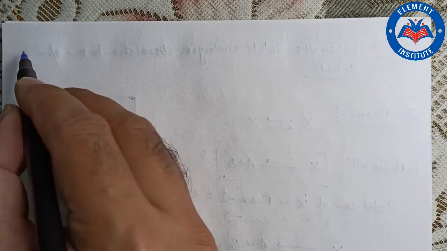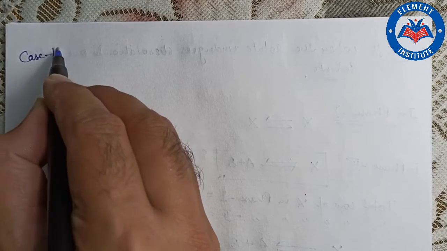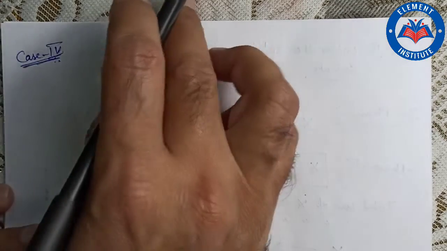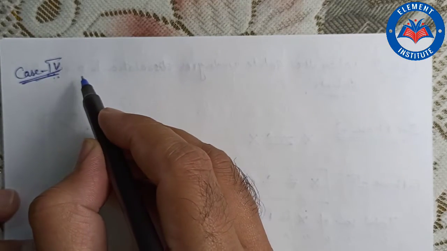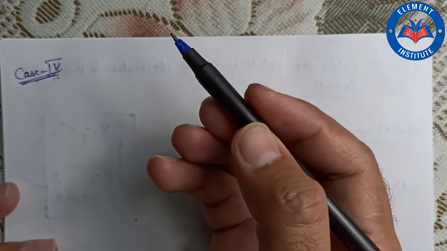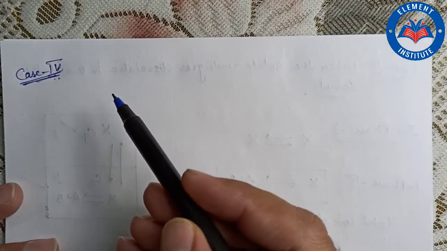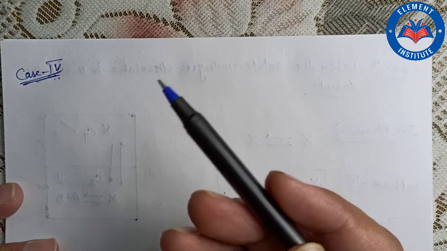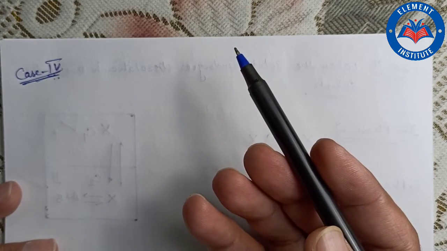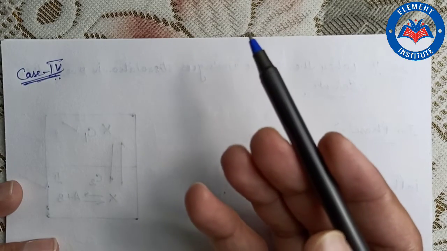Next we have case 4, which is a very interesting one. It is when the solute enters into chemical combination with one of the solvents, that means if the solute undergoes a chemical reaction with any of the solvents, then what would be the relation?